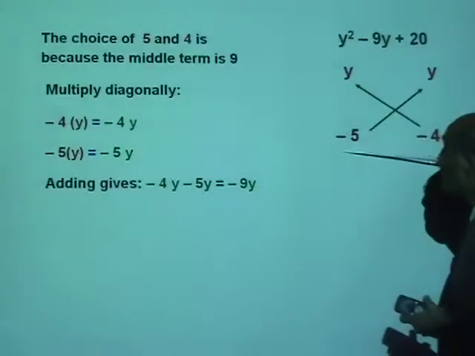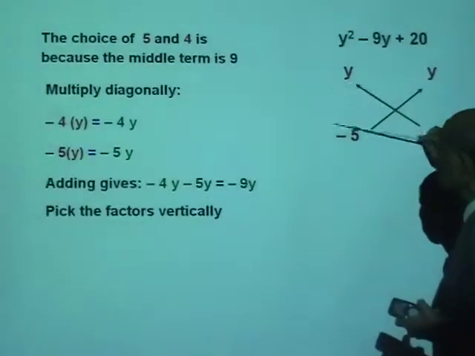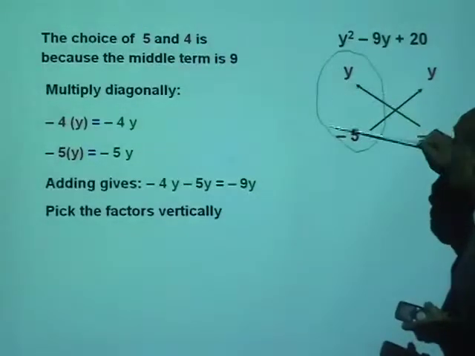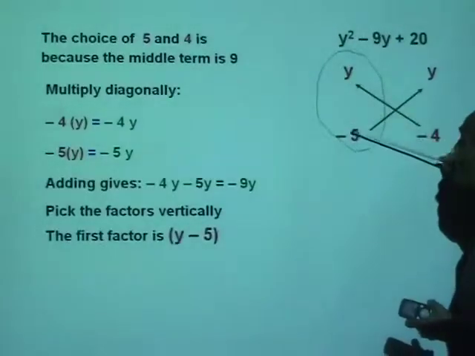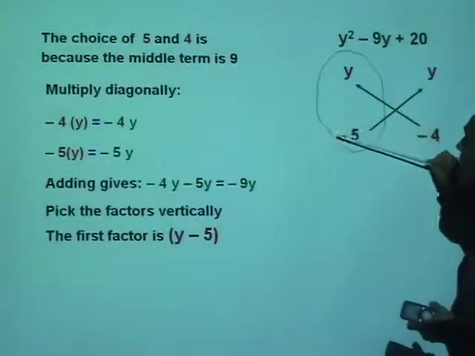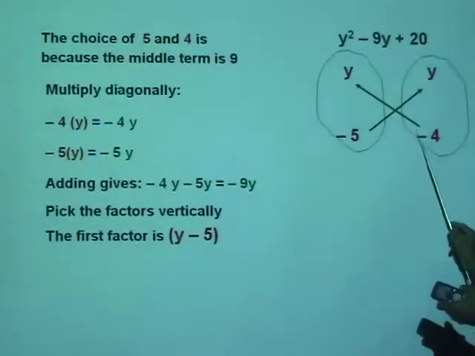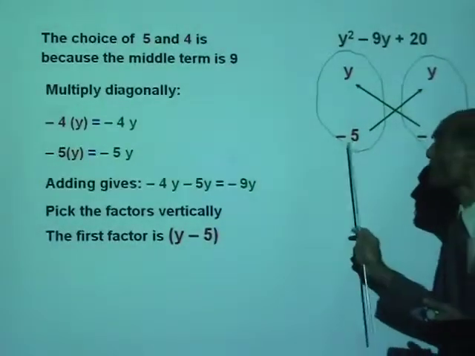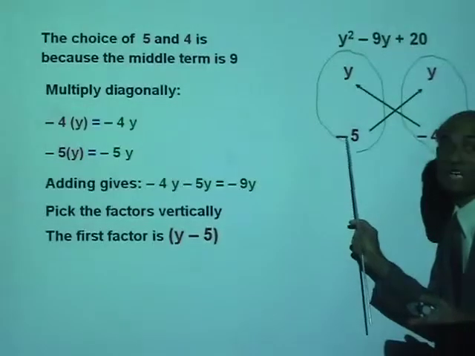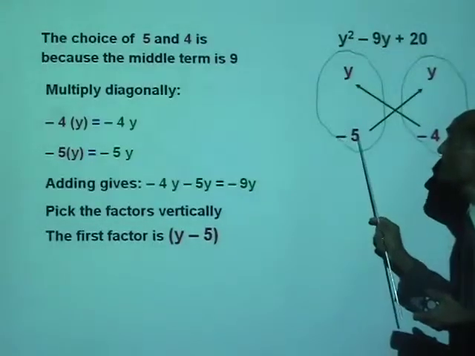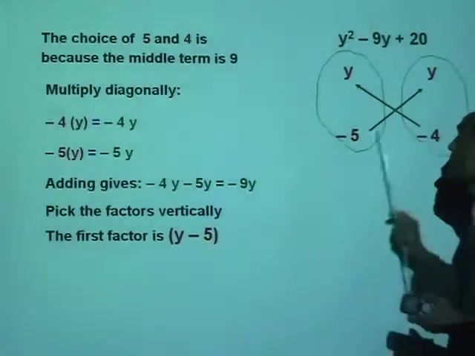Pick your factors vertically. The first factor is y minus 5. And the second factor is y minus 4. Now look at the sign. This is negative 5. Y minus 5 is the first factor.